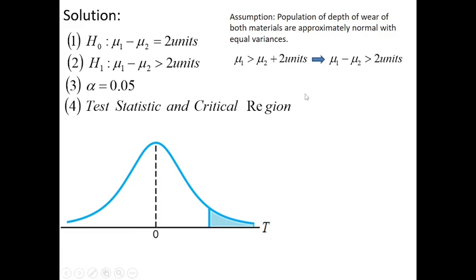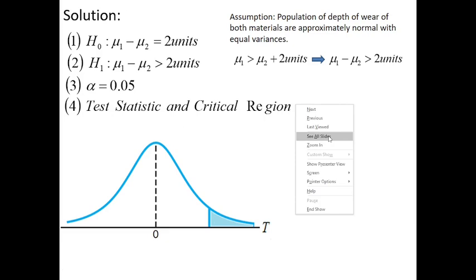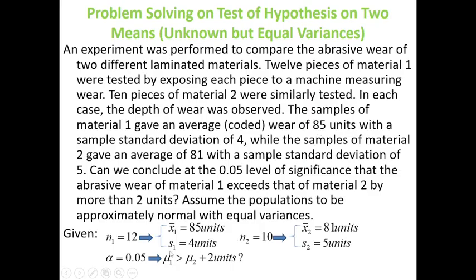Why do we have t-tests? Let us see the previous slide. We only consider 12 units for material 1 and 10 units for material 2.